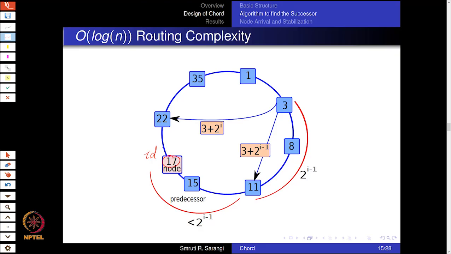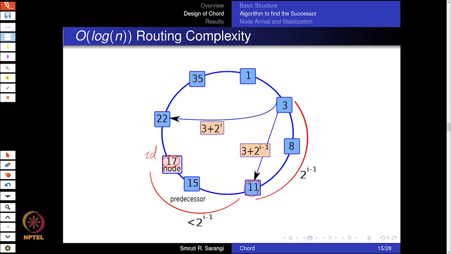But here is the important part. The important part over here is that this is lying in the ith finger. So why do I say that? Because 3 plus 2 raised to power i minus 1 is basically 11. There is a node over there. So this is its finger node.